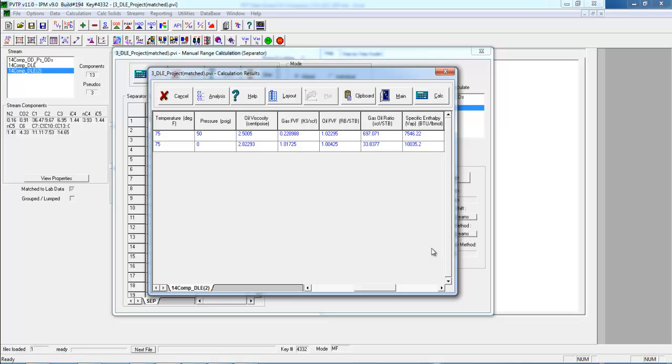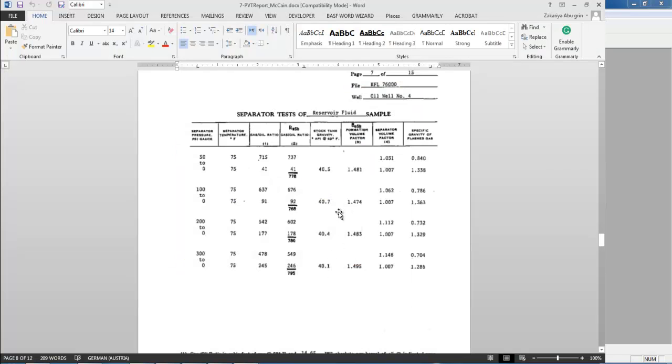And here there is a big question. What's oil formation volume factor here? Because if you compare this with your data, we have two formation volume factors. We have this one, and we have separator formation volume factor. What's the difference between this and this? Here, in this one, in two stages, we go from the bubble point pressure to the stock tank condition.